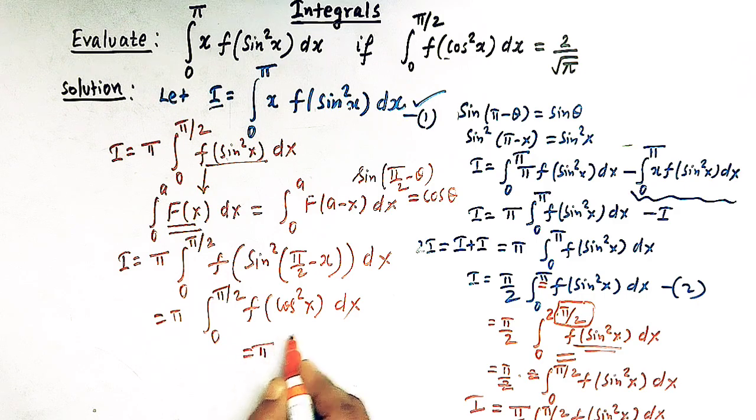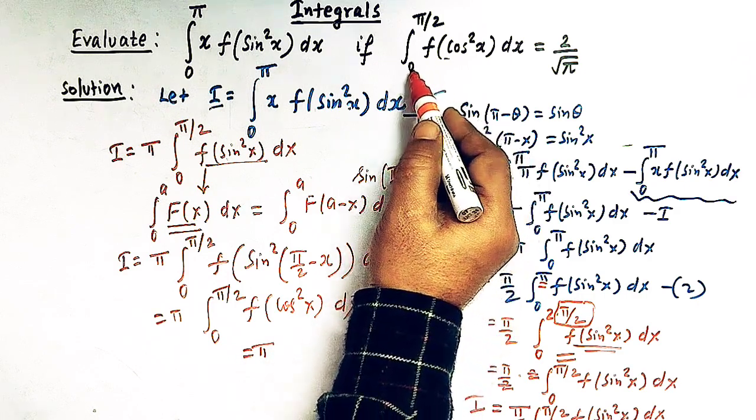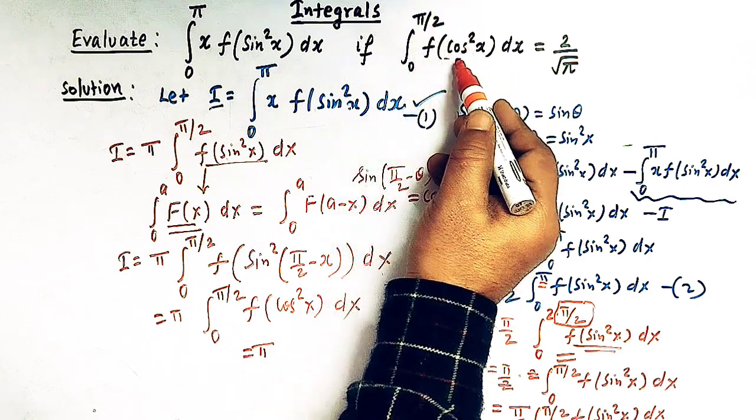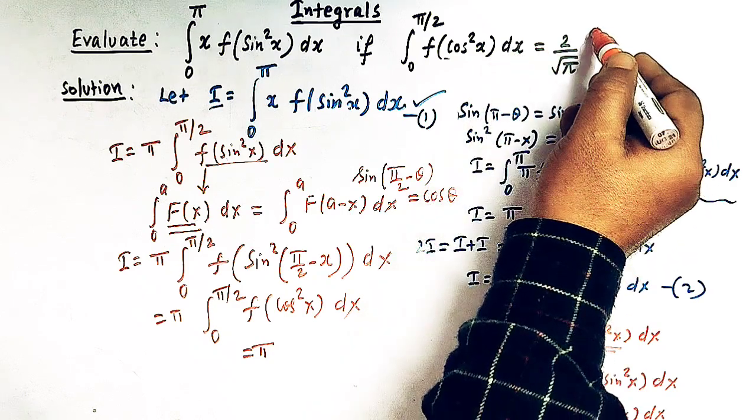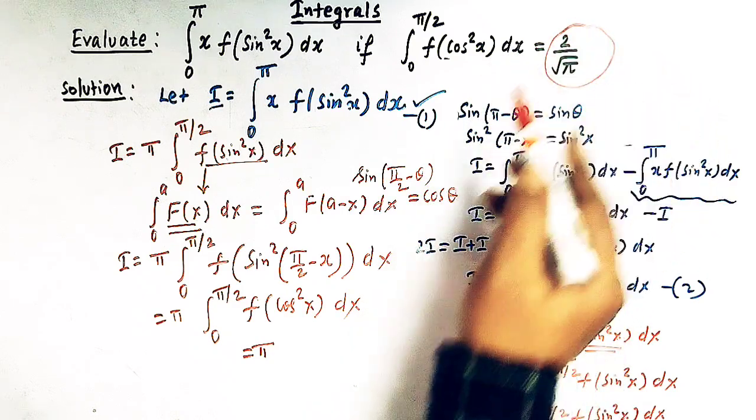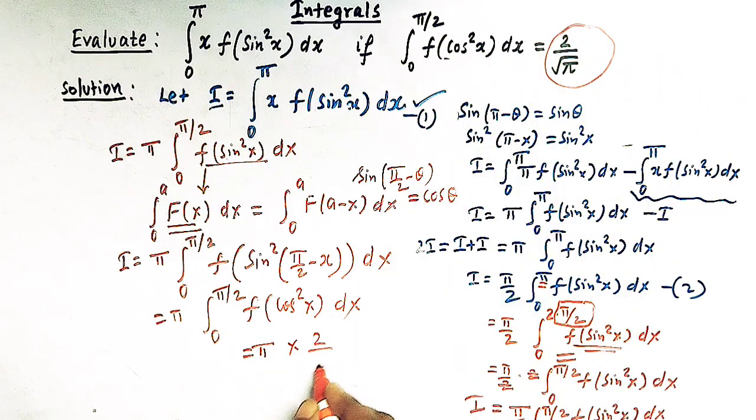So now the value of the integral from 0 to pi by 2 of f of cos square x dx is given by this number, that is 2 over square root of pi, right?